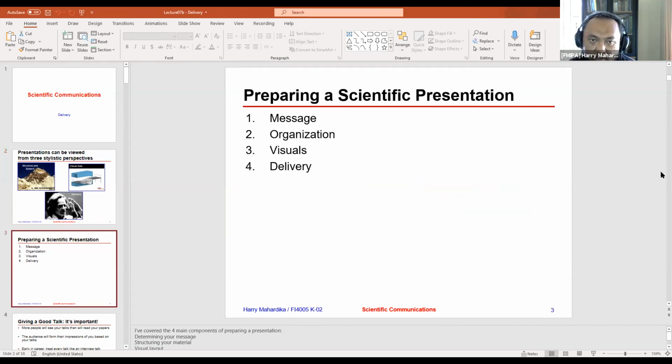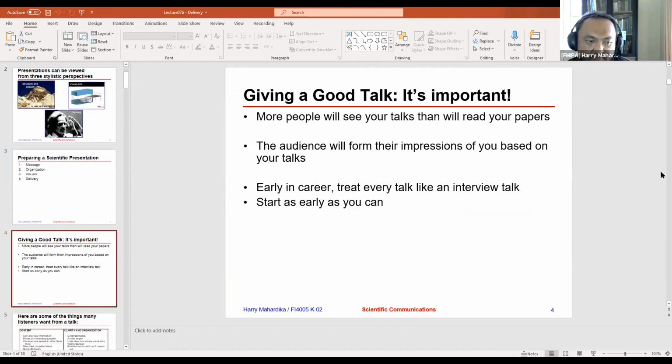Preparing a scientific presentation is not only about the message. We also need to think about how we organize our talk, what type of visuals need to be presented, and the way that we deliver the presentation itself. Giving a good talk is important.